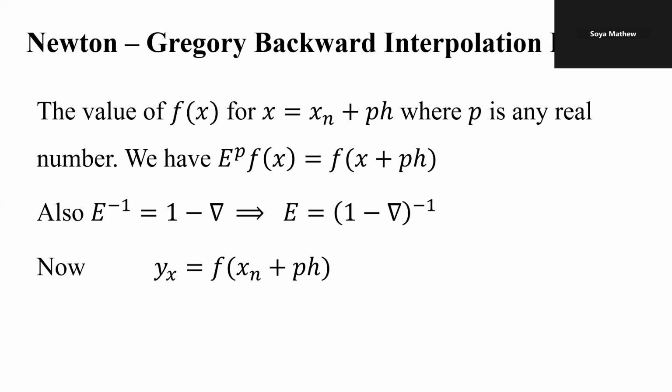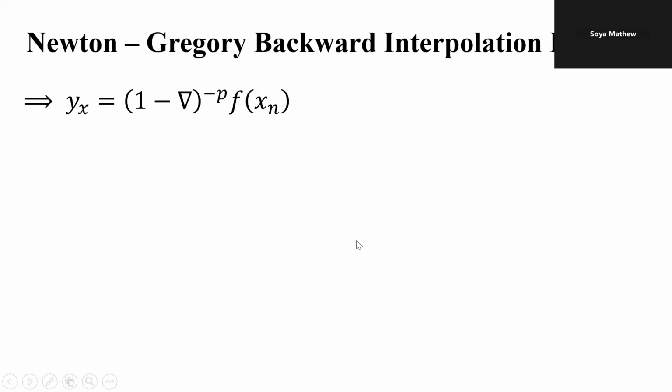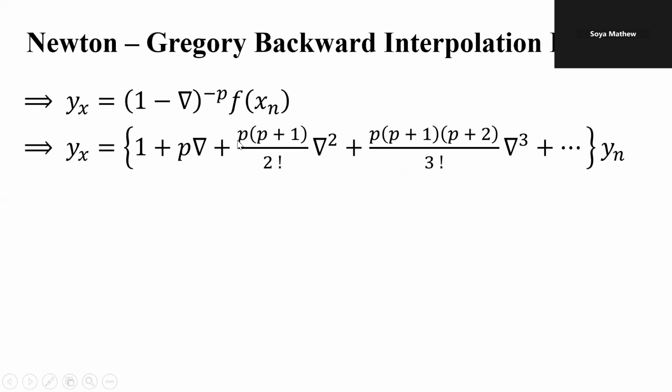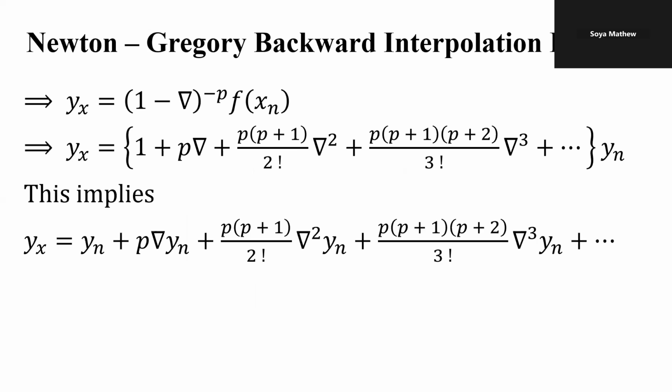Starting with the function y equal to f of x n plus ph, replacing with E raised to p into f of x n using the formula mentioned above, and using the shift operator formula, E can be replaced with 1 minus del, the whole raised to minus p into f of x n. Then y x equals 1 plus p del plus p into p plus 1 by 2 factorial del square plus etc., into y n. Multiplying y n into the bracket, we get the Newton-Gregory backward interpolation formula.